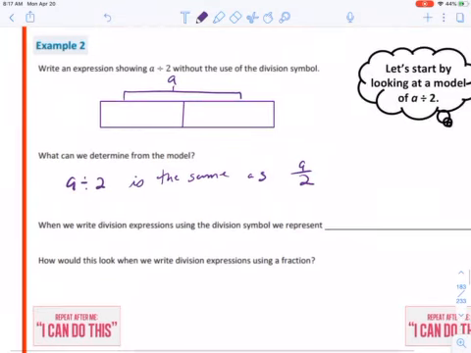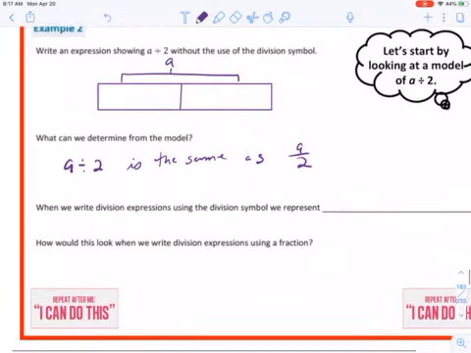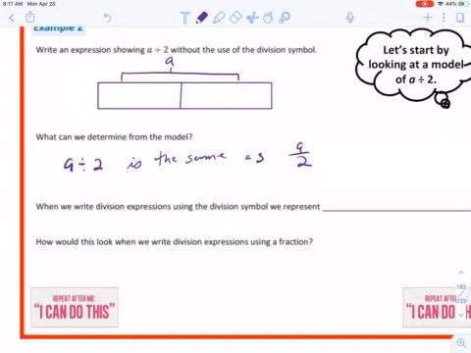When we write division expressions using the division symbol, we represent dividend divided by divisor. The dividend is the number that's being divided. The divisor is the number we're dividing by. How would this look when we write a division expression using a fraction?